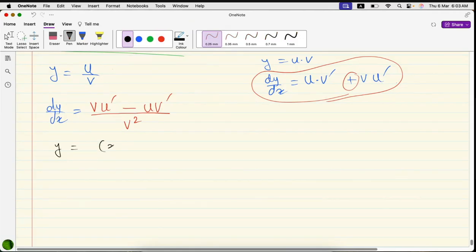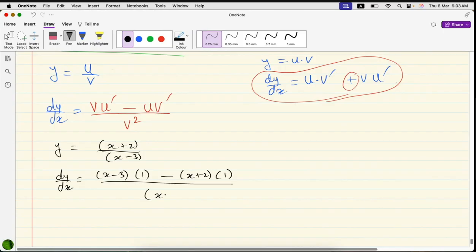For example, y is equals to x plus 2 over x minus 3. So dy by dx will be v into differentiation of u minus u into differentiation of v over v square.